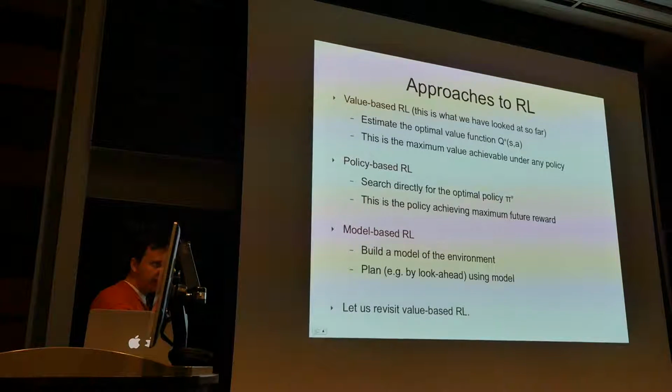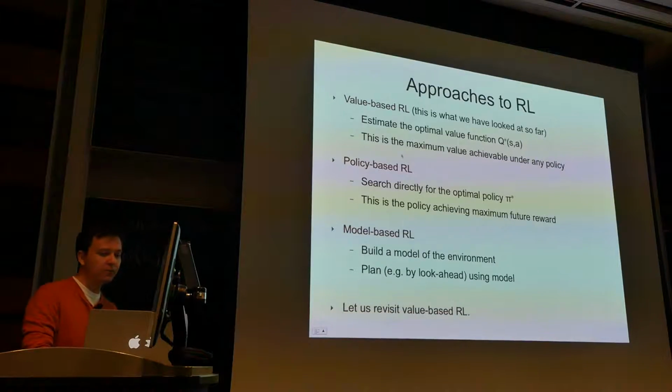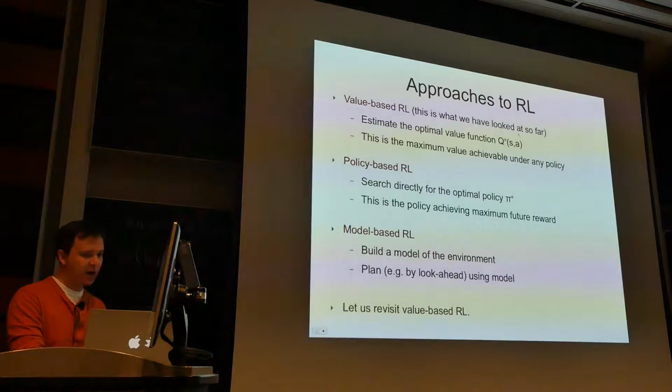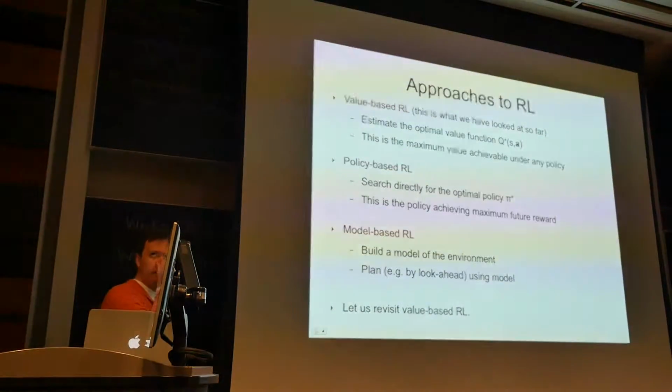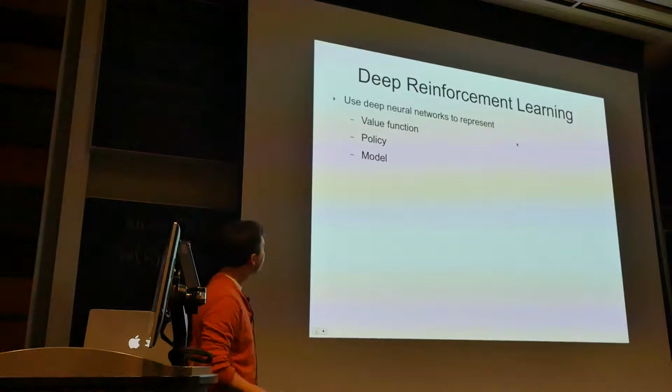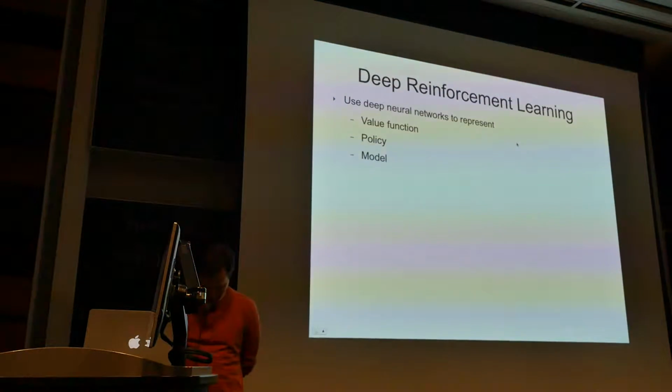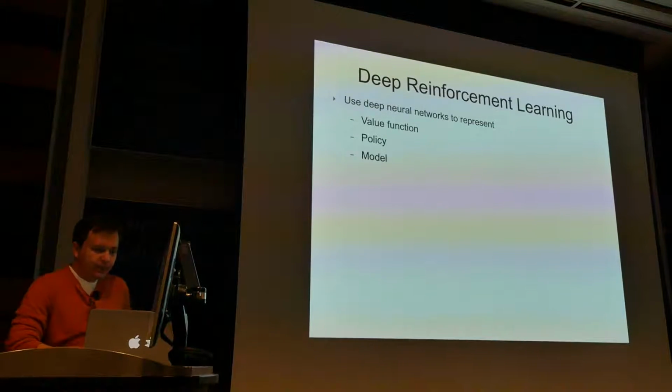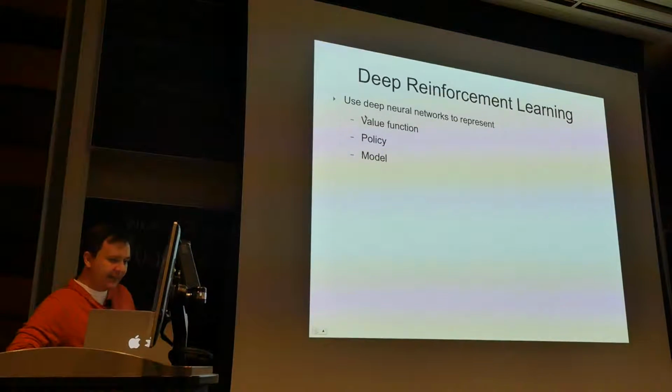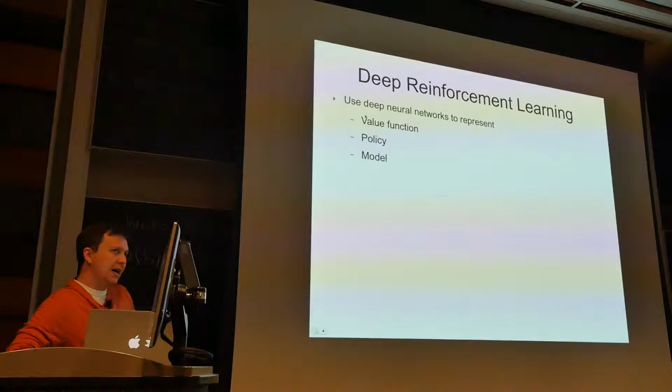So in today's class, we're still going to be focusing on value-based reinforcement learning, and particularly on Q learning. Okay. Now, deep reinforcement learning is basically trying to use deep neural networks to represent the value function, perhaps to represent the policy, or perhaps even to represent the model.